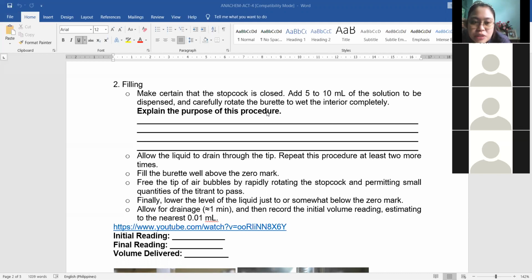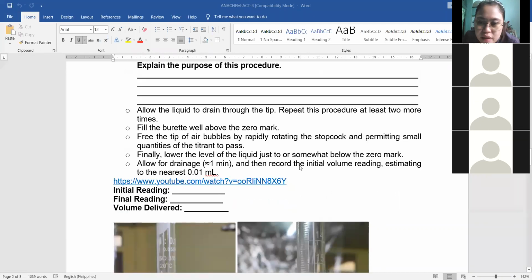After doing this procedure, that's the time we fill the burette with the solution to be used above the 0 mark. Okay? And then, you have to make sure also na no bubbles or air bubbles nakalagay doon sa loob kasi it will be an error to our measurement.